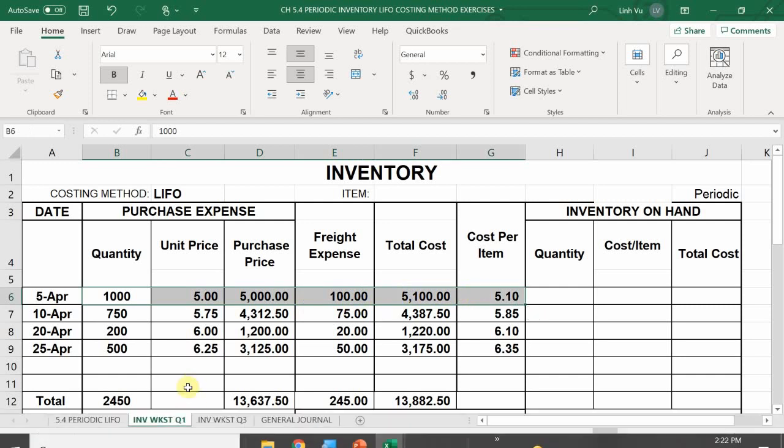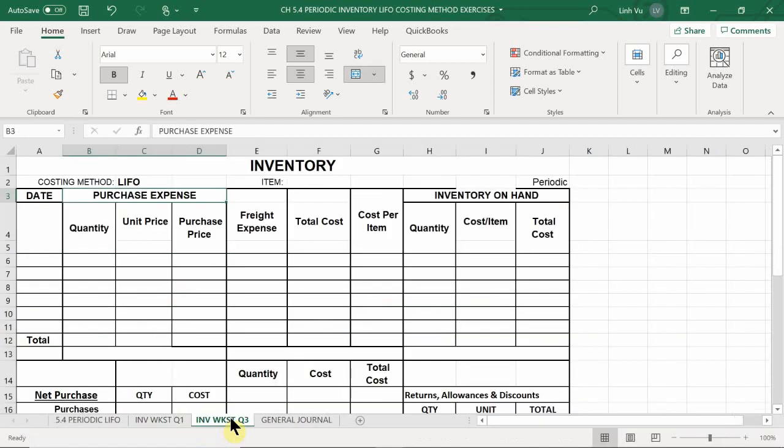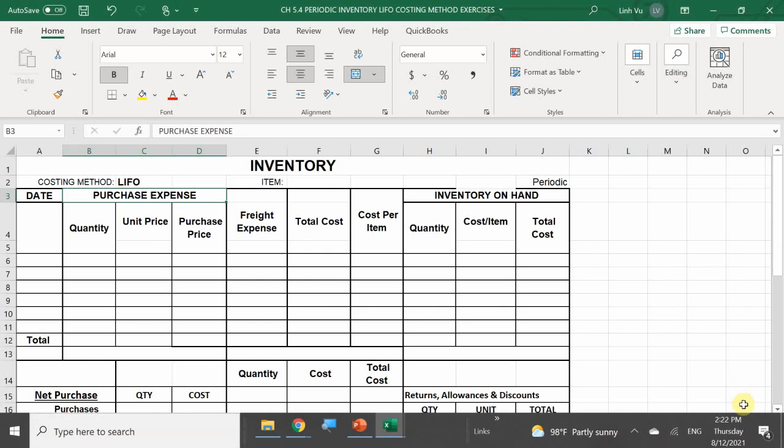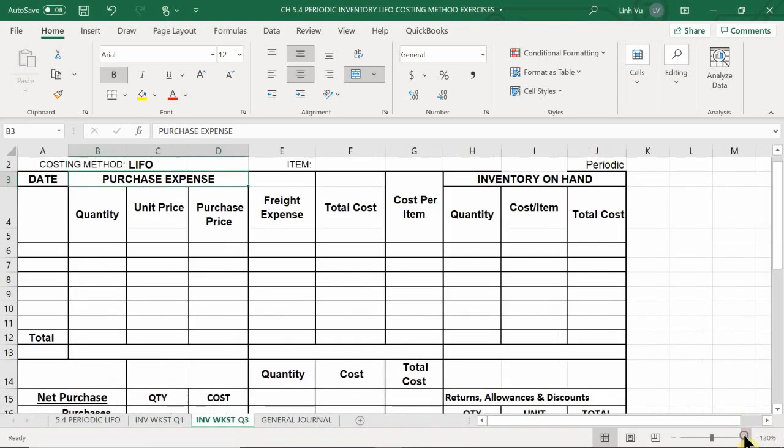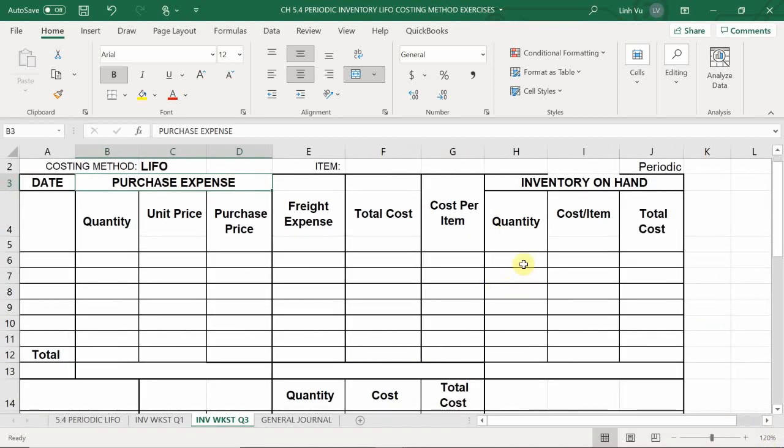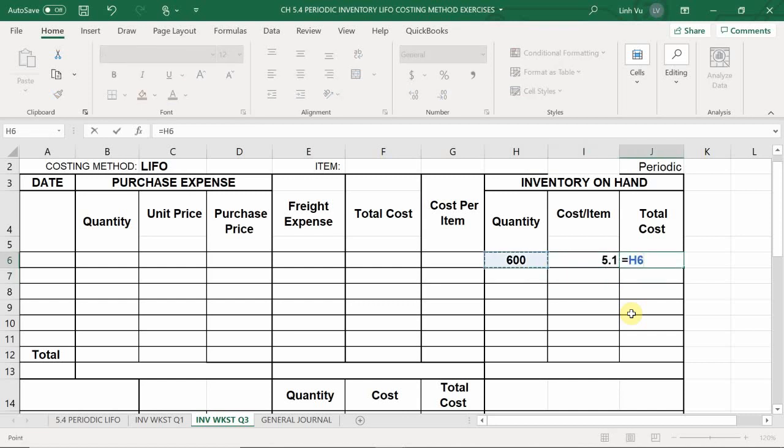So I'm going to carry that information over into my new inventory worksheet. This time I'm going to plug it into my inventory on hand on the left side. So I have 600 units costing $5.10 each, which gives me a grand total of $3,060.